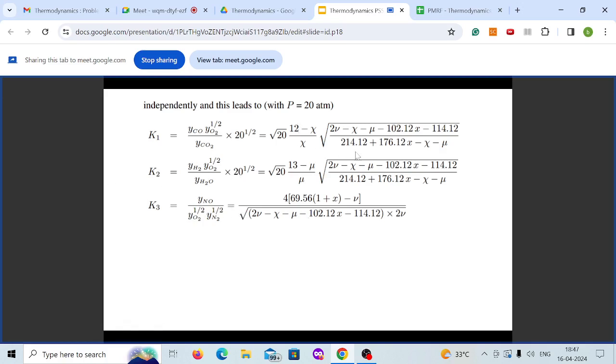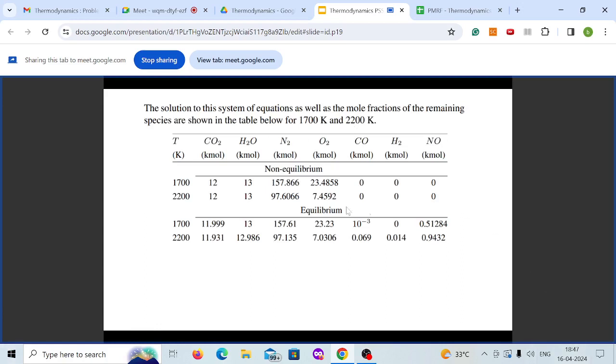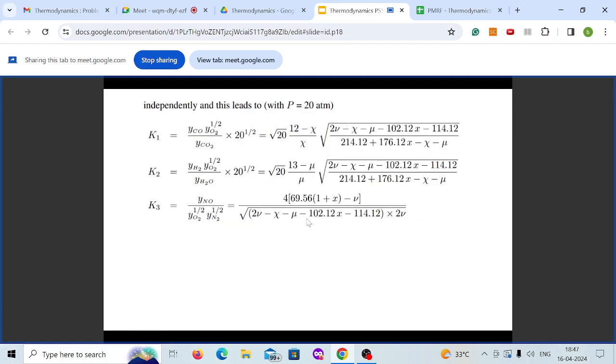When you substitute the mole fraction of each of the components here, this is what we get for K1, K2 and K3. So now we have 3 unknowns and 3 expressions.